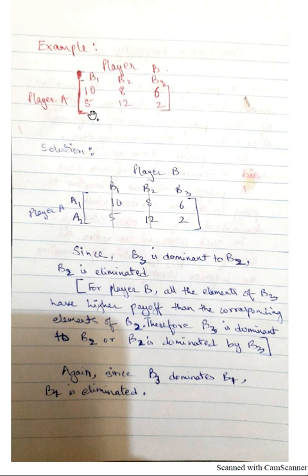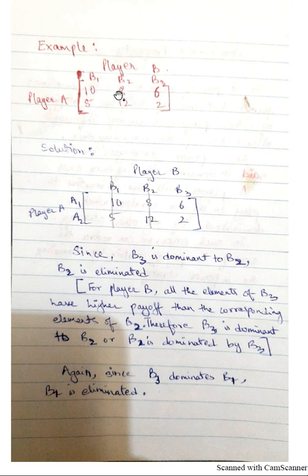But since for player B the payoffs are negative of these values, the higher the values shown here, the lower will be the payoff for player B. Since 10 here means a payoff of minus 10 to player B, and 8 here means a payoff of minus 8 to player B. If we compare 10 and 8, the payoffs of player B will be minus 10 and minus 8, and since minus 8 is higher than minus 10, the value 8 will give player B a higher payoff than the value 10.